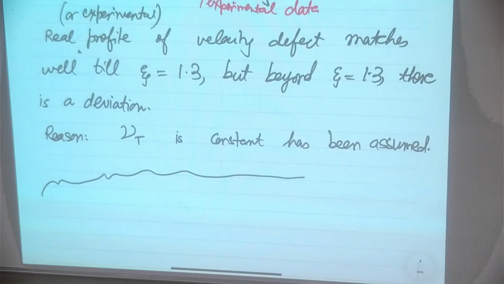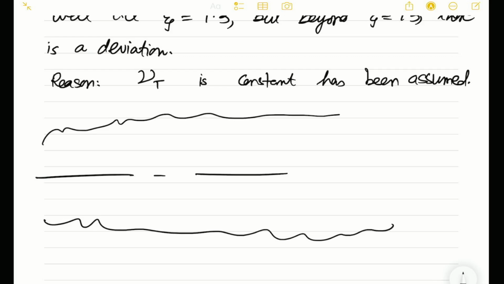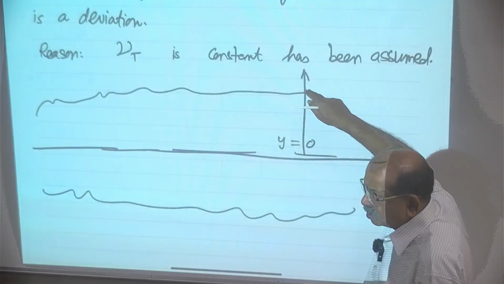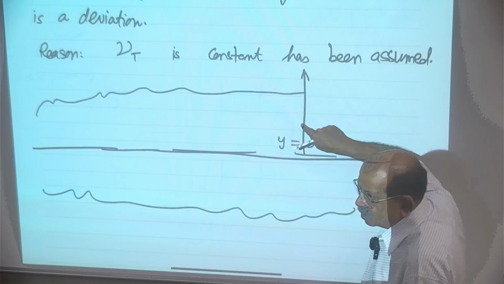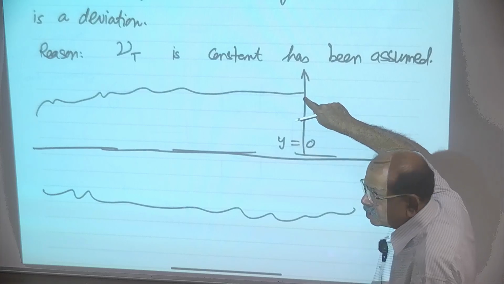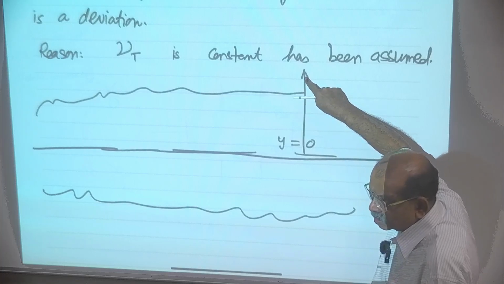Now, the logic I'm trying to give you is that this is the line y equal to 0 or zeta equal to 0. If I go to this length, then somewhere here I get a region where the turbulence is diminishing, and beyond this there is no turbulence.